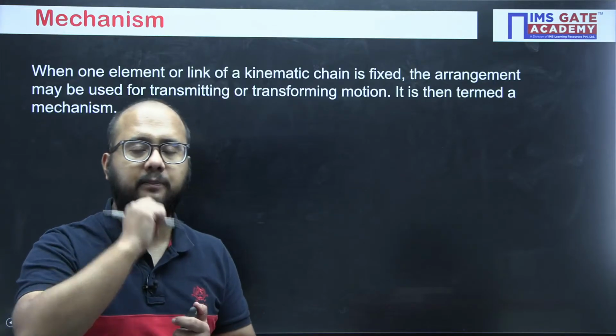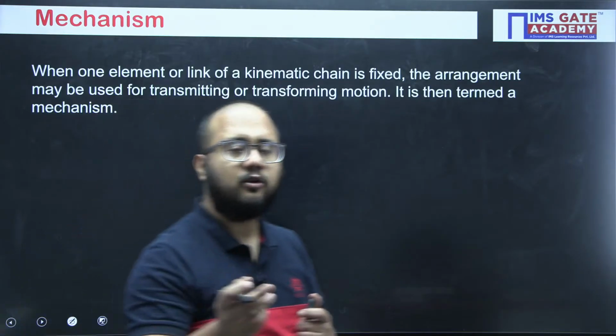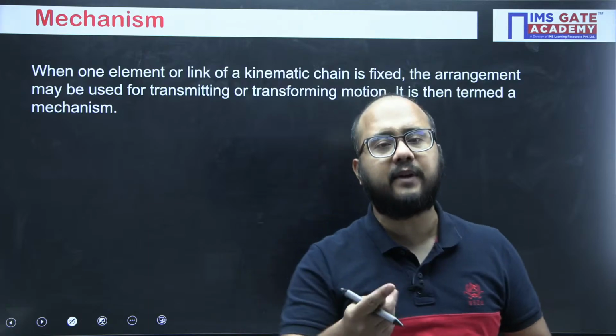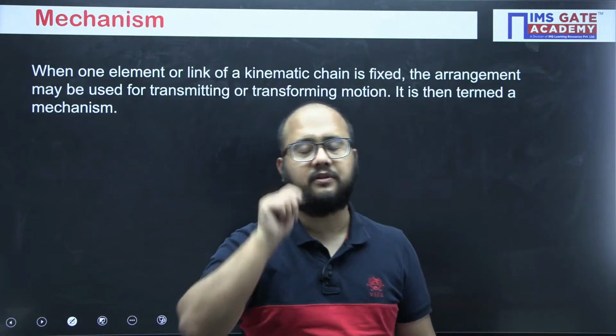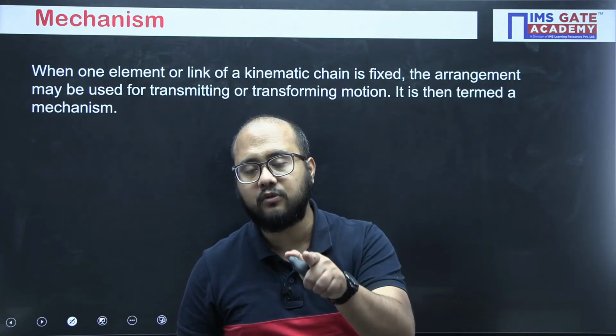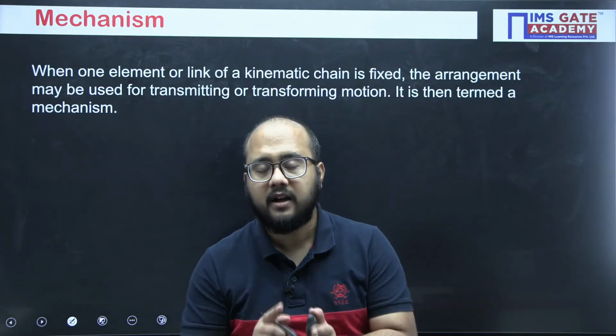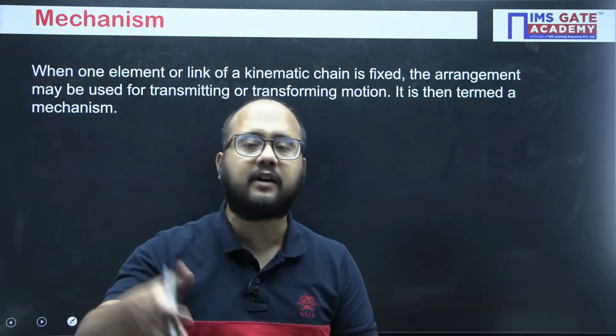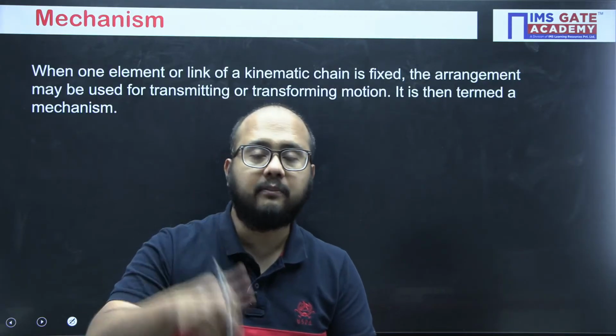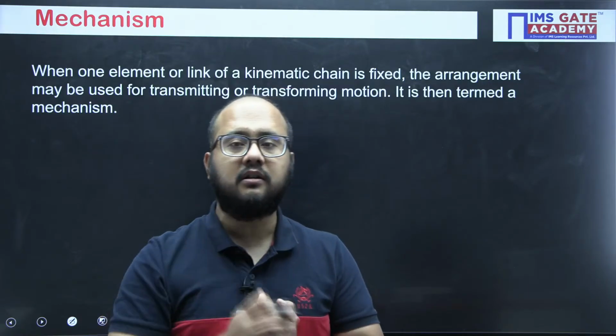Again, very important. As I told you, if I connect different links, it becomes a chain. That chain becomes kinematic when there is a constrained motion between the links. Similarly, in the chain, if any one link is fixed, it doesn't mean that it becomes a mechanism. It will become a mechanism when there is a constrained motion.